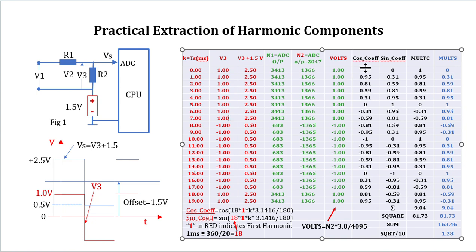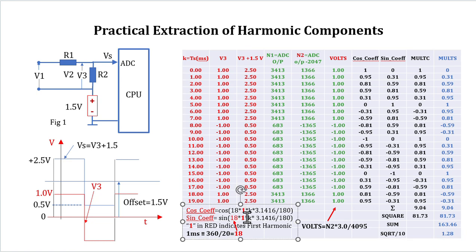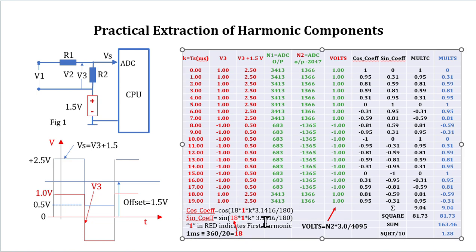And on what does this array depend? Look at the cos coefficient here. The array depends on which harmonic you want. Here it is +1. And the number of samples that you are going to take. So accordingly, you get this array. So this array is standard.